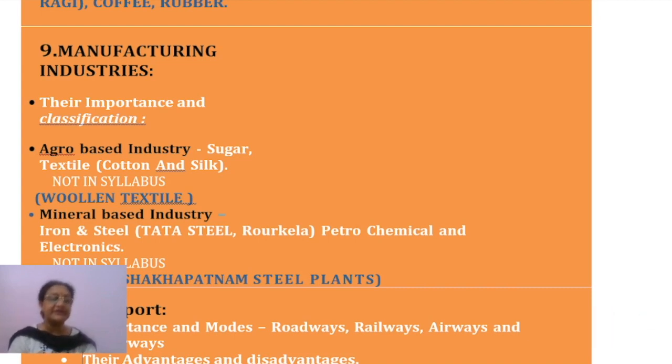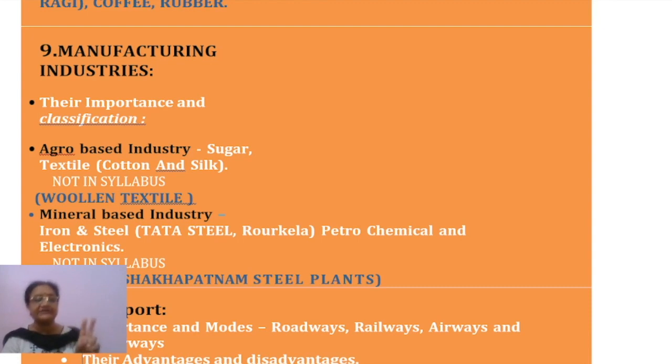What about the mineral based industry? Under mineral based industry you will find iron and steel industry is one. Under iron and steel industry only 2 industries you have to study. Number 1 is TISCO, we also call it Tata Iron and Steel Company, so that is the Tata Steel. So TISCO is there and Rourkela is there.